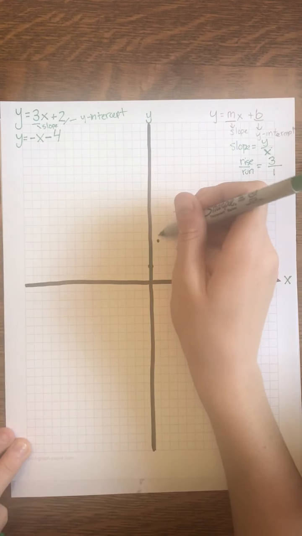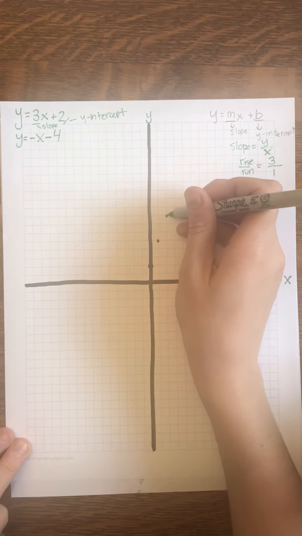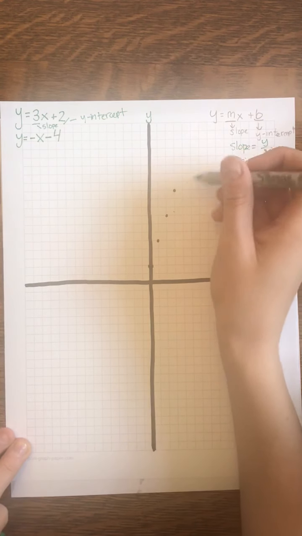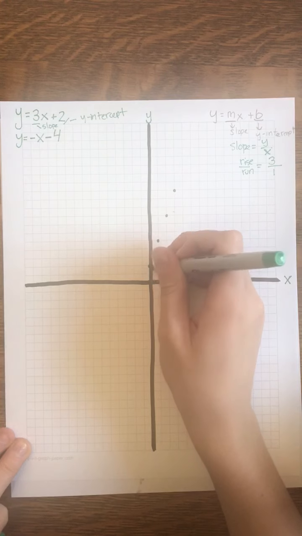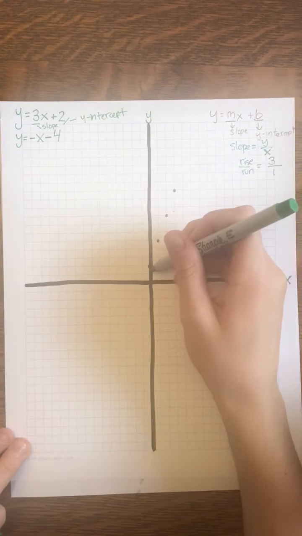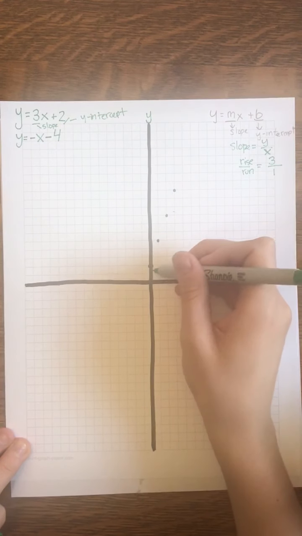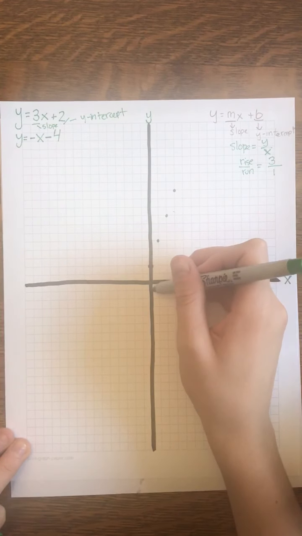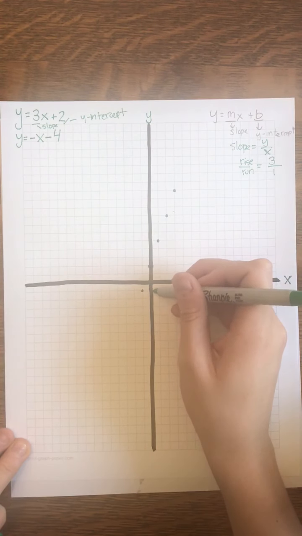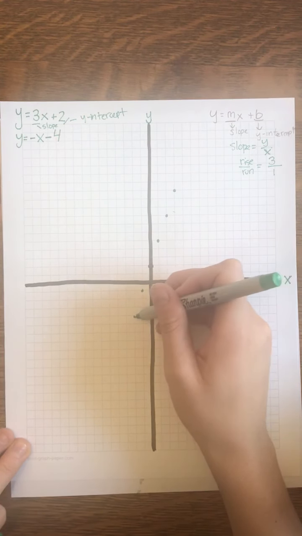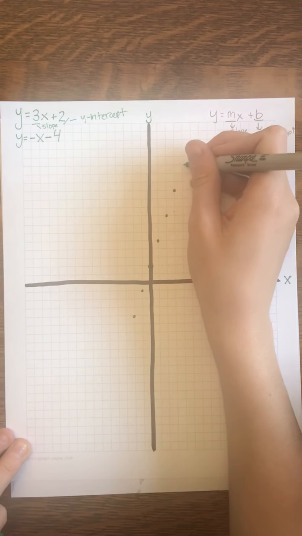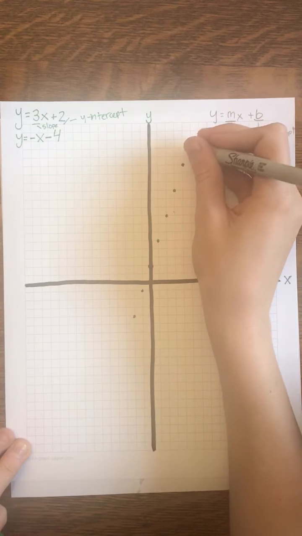I can continue down here, continue the line, so we'll go down and right here. And then up 1, 2, 3, and over 1.